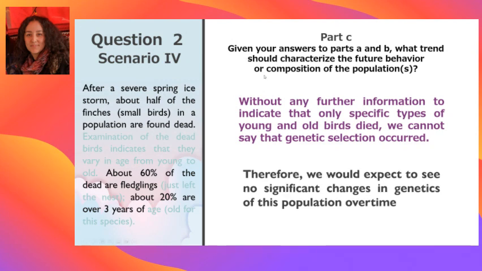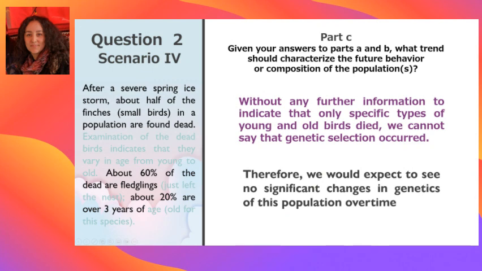So we're not being told, say, that there is some gene that presents itself in older age and is only present in a subset of the population. If there was some gene that was onset when you got older and we saw that only those elderly died in this storm, then you might have some genetic basis for selection. But we're not seeing anything like that.